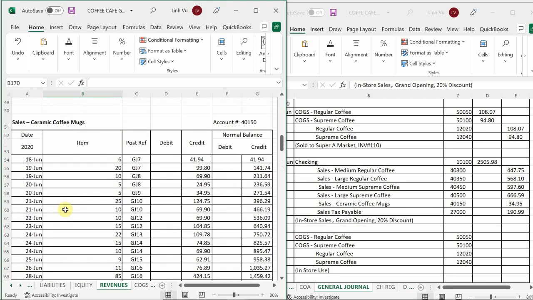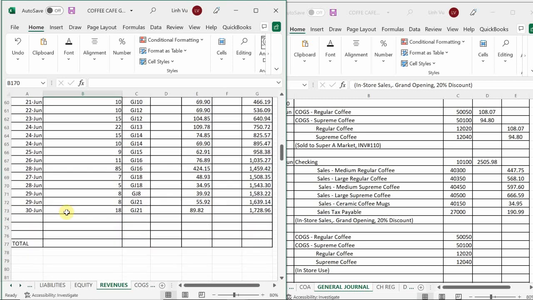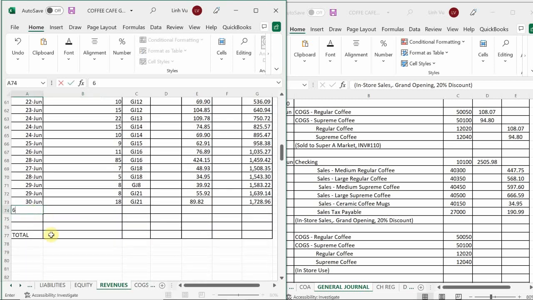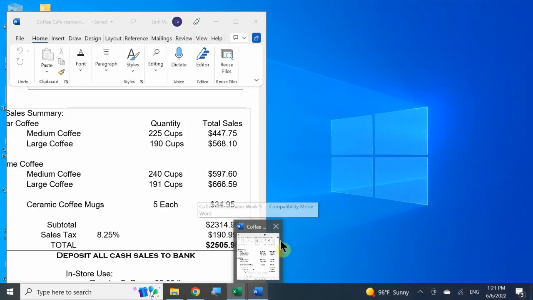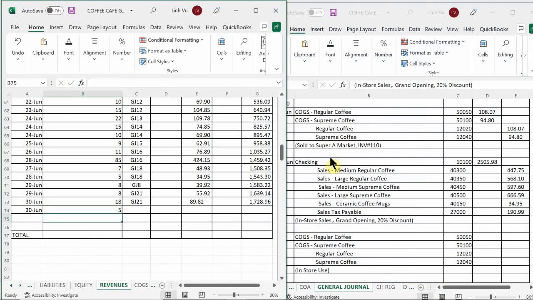Okay. And of course, we sold some ceramic coffee mugs, so we can't forget about those. So here are the ceramic coffee mugs. How many mugs did we sell? We sold a total of 5 mugs, for a grand total of $34.95.